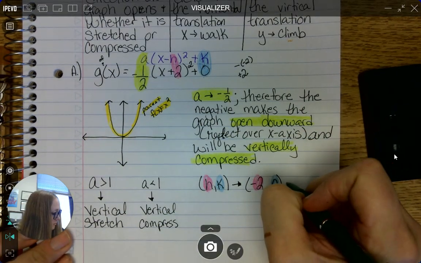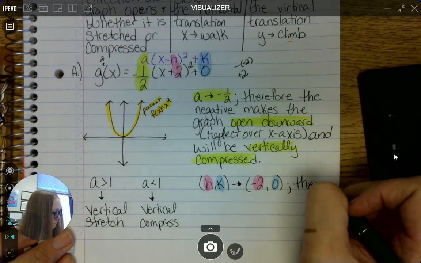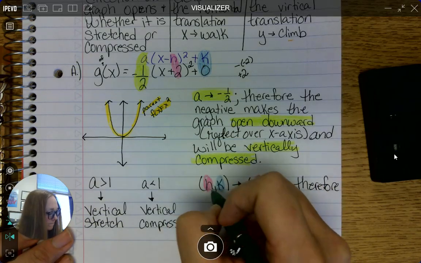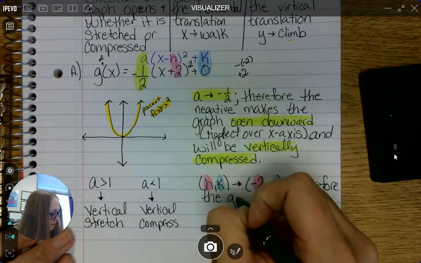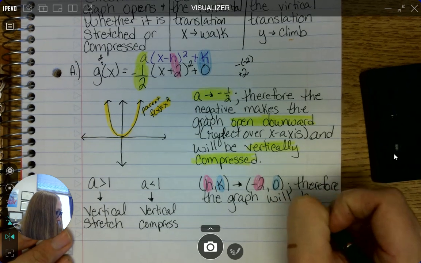Okay, so what does this mean? Therefore, the graph will be translated.